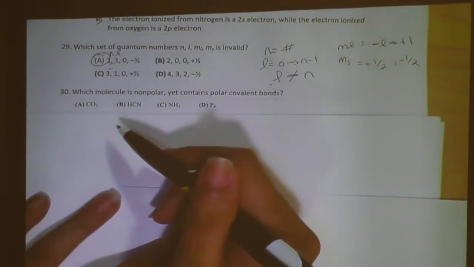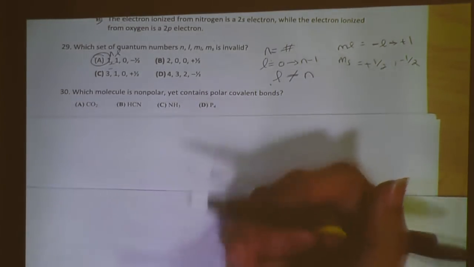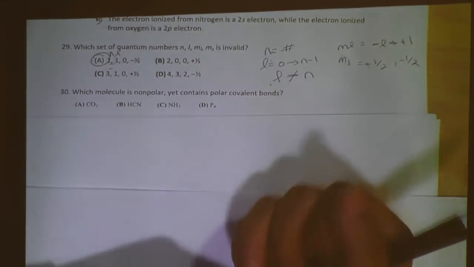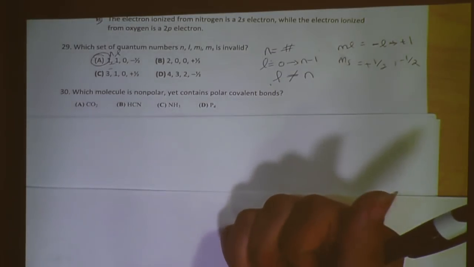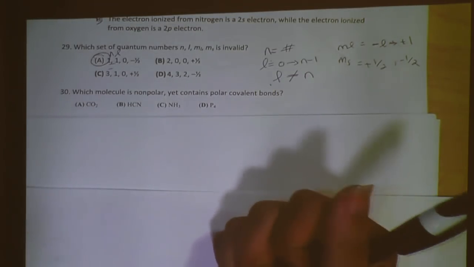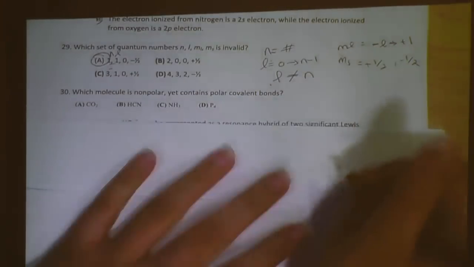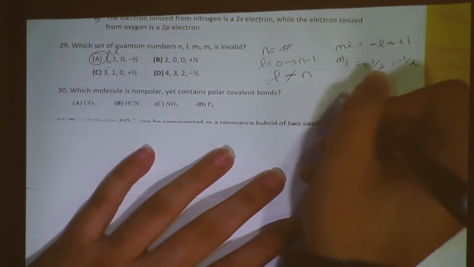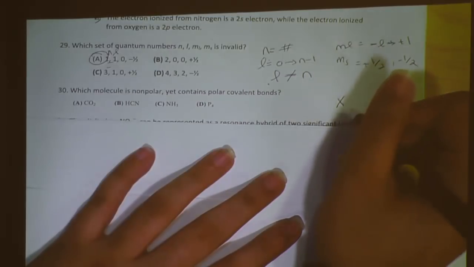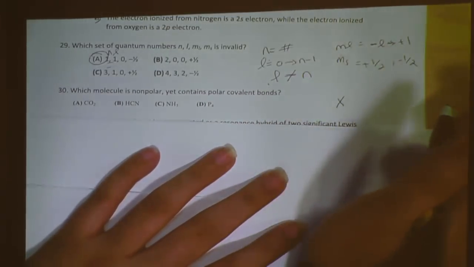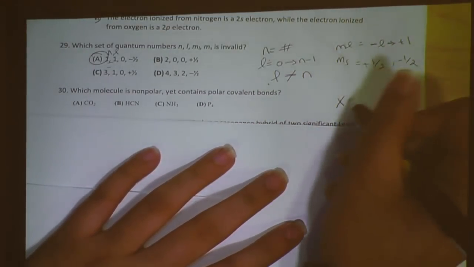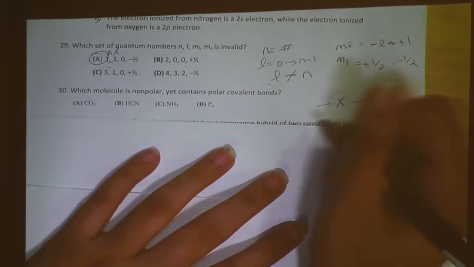30 is polarity. Which molecule is nonpolar yet contains polar covalent bonds? The way to determine something to be nonpolar is that the central atom, let's say X, does not have lone pairs on it, and the elements around it are symmetrical.